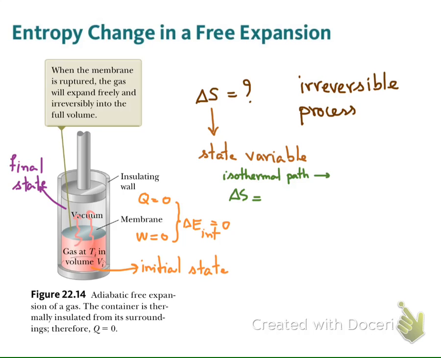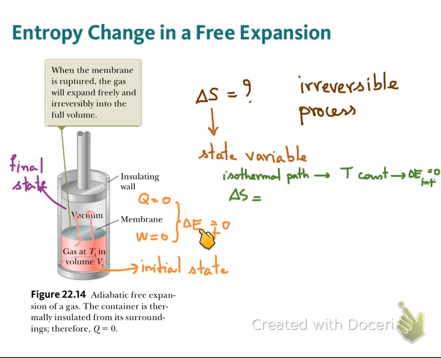the isothermal part, the temperature is constant. So if the gas is an ideal gas, it means that delta E, the internal energy, is equal to zero. So it's the same as the free expansion. Okay, the internal energy is zero.